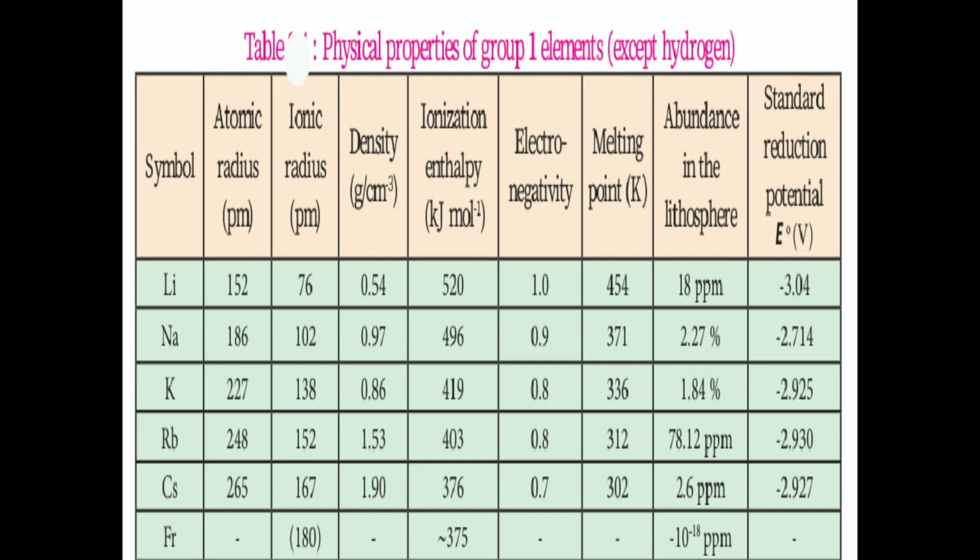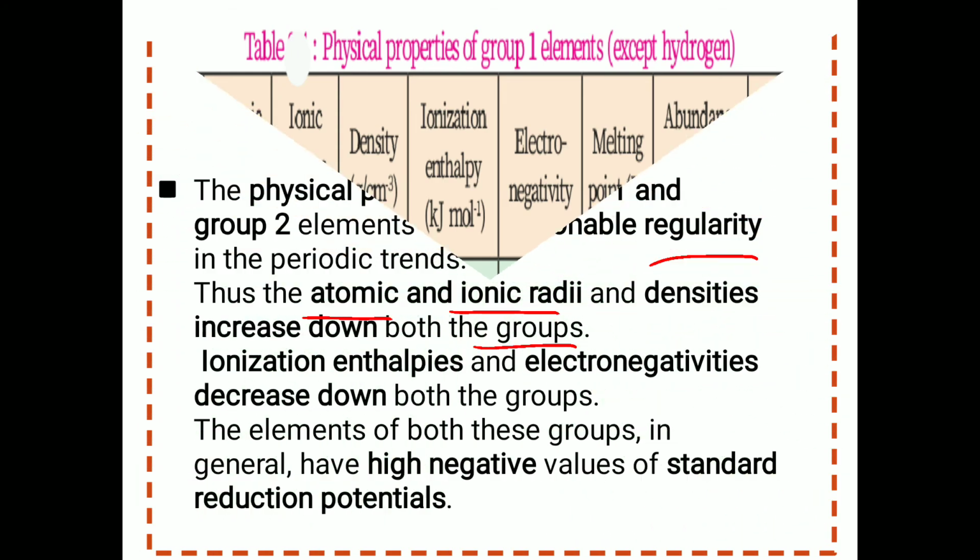But it also follows the same trend: ionic radius increases down the group, and decreases from left to right in a period.